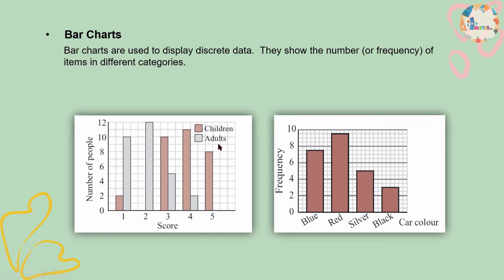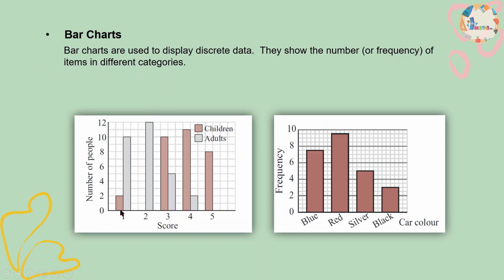So the next thing which we'll be going through is bar charts. Bar charts are used to display discrete data. Discrete data is not continuous, so we are showing it in the form of bars like this, with discrete data items in different categories. They show the number or frequencies of items in different categories.